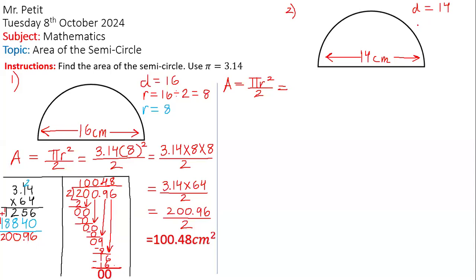But our radius is what? Half of 14, which is what? What is half of 14? That's going to be 7. Half of 14 is 7. All right, so this is what? Pi is what?